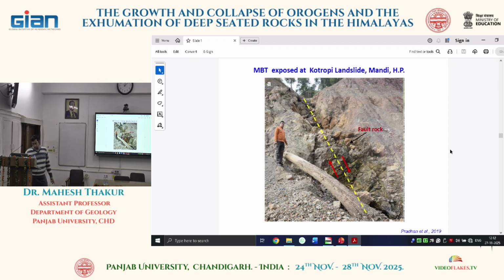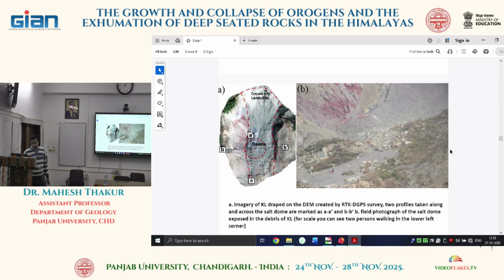Now if you see this image, I have taken it from a distance. This is the dome in the center of this landslide, and this is the scale. Abhishek is going with GPR, and you can see this kind of dome coming up.